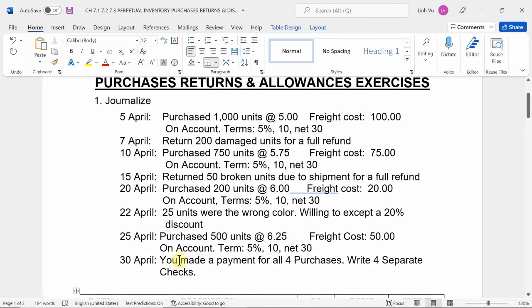So then April 15 rolls around and we end up returning 50 broken mugs due to shipment for a full refund. So in this case, we have to return 50 because they were broken due to shipment.